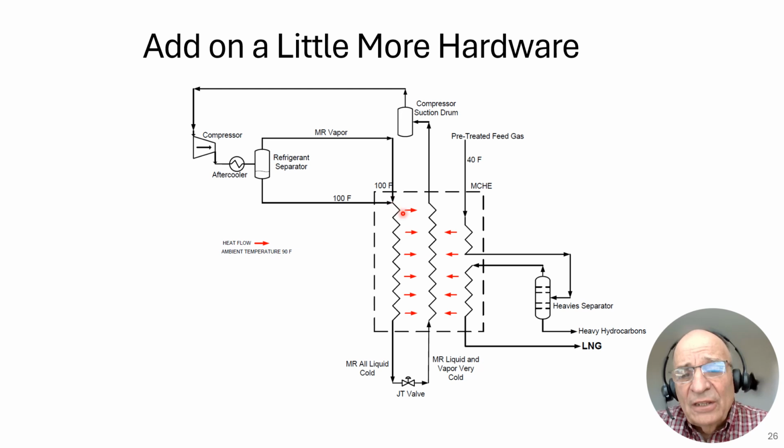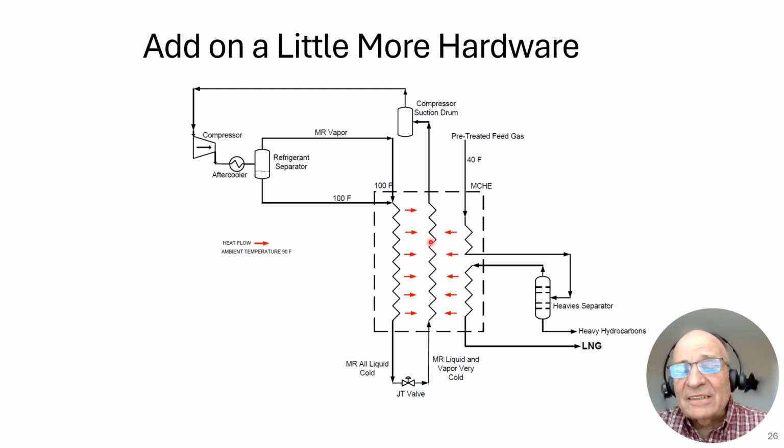So as you go through this heat exchange, you're giving up heat to this stream here. And as you're giving up heat, this becomes 100% all liquid MR. Come across this JT valve, becomes a much colder temperature, MR liquid and vapor. And it extracts heat from these two streams. From this stream, it extracts heat, and from this stream it extracts heat.